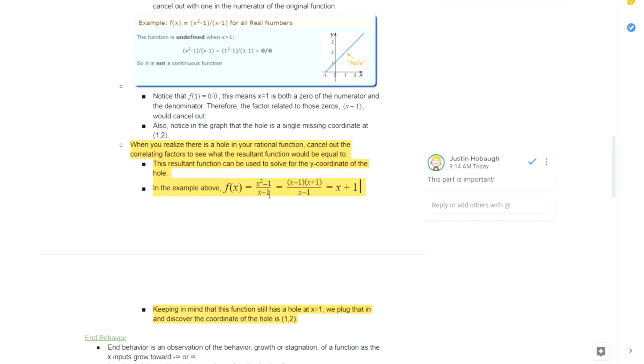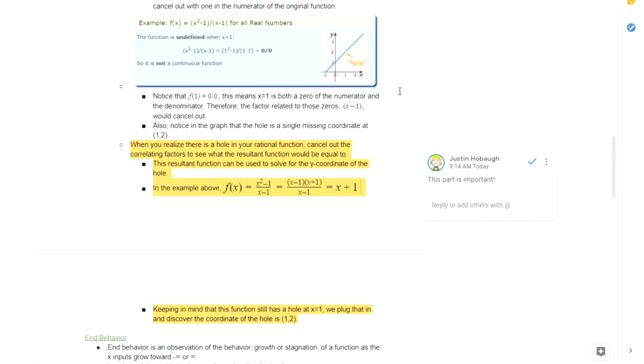We see that the denominator would equal 0 when x equals positive 1, so I know that I have a discontinuity at x equals 1. But if I factor the numerator, I can see that x minus 1 would cancel out. You see how it'll cancel out? Because it's canceling out, that means that the discontinuity at x equals 1 is not actually a vertical asymptote. It is a hole, which you can see depicted in this picture right here.